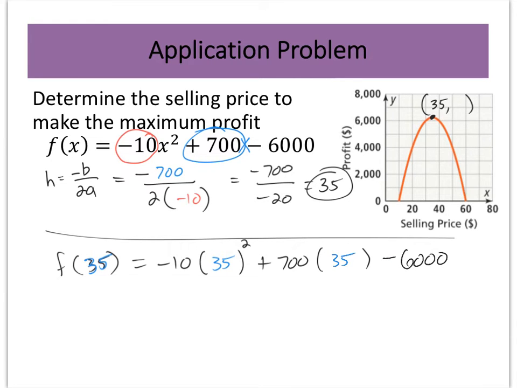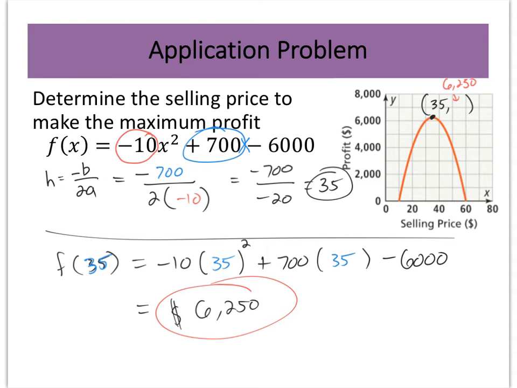If we were to put this into a calculator, we'd have to follow the order of operations and make sure that we're doing the exponents first, but you eventually get $6,250, which is the profit they're going to make when they sell them for $35, which is the most, according to this problem, that they're going to make.